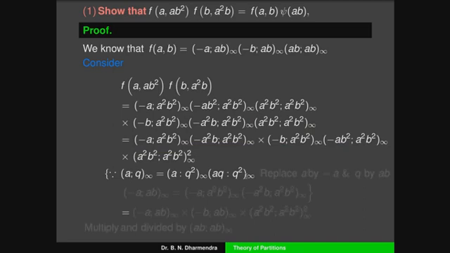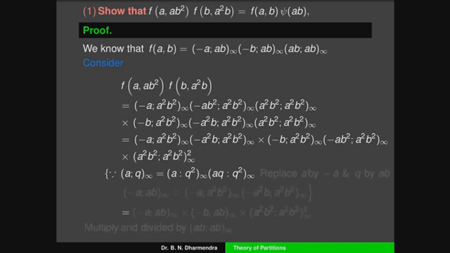Replace the value of a. You can observe the terms; we have to compare these two terms. Compare the value of a q infinity and here minus a q square, a square b square infinity. Here we can easily replace the value a by minus a and q by ab.